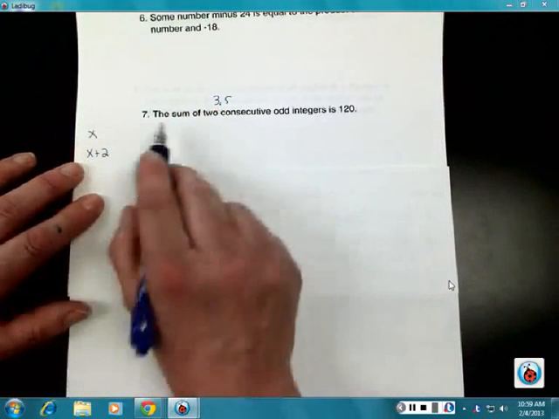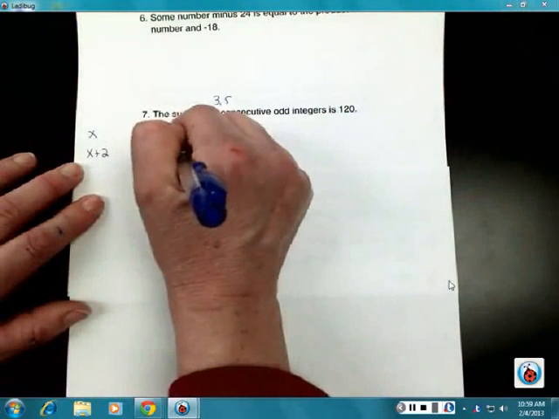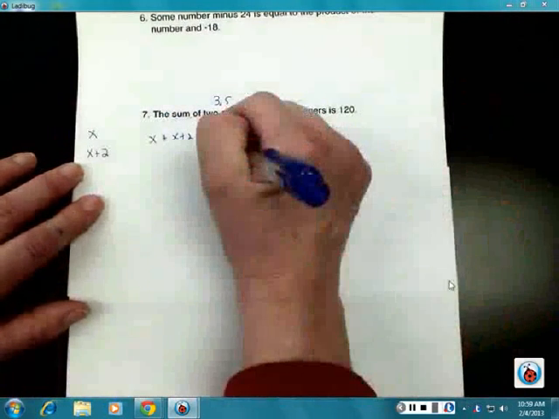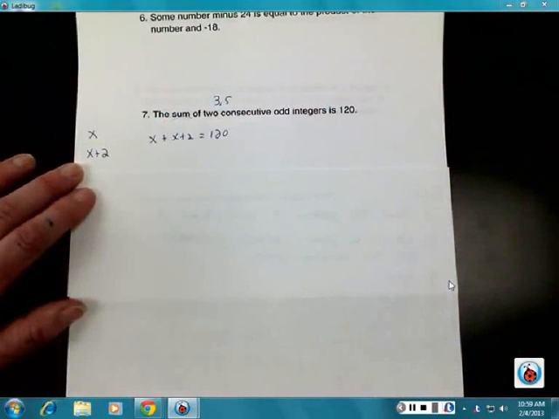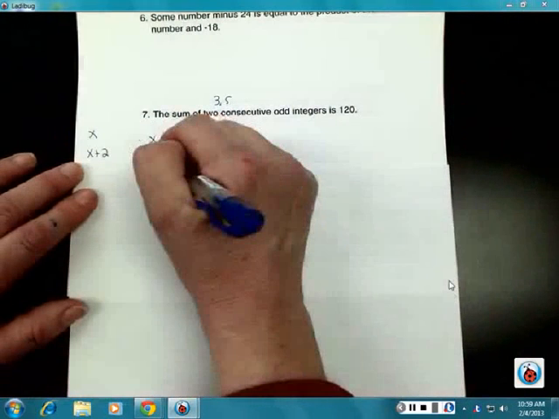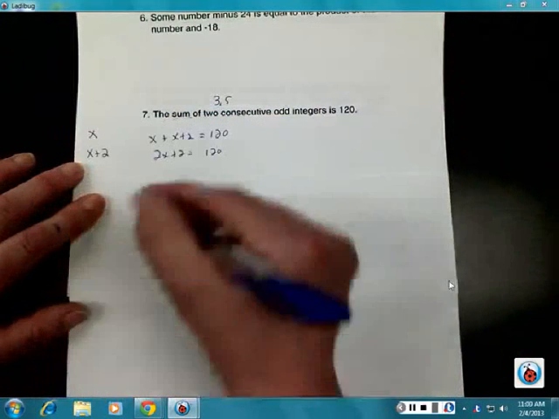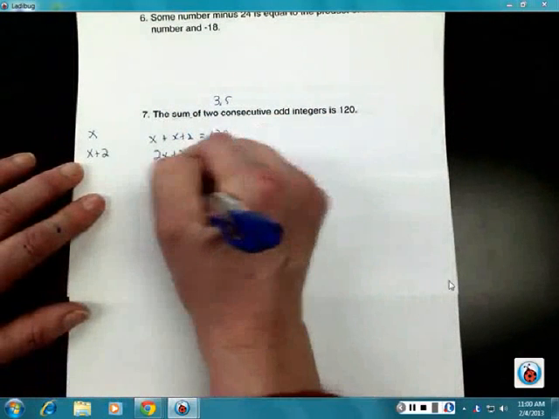So sum, what does sum mean? Add. Sum of is 120, so it equals 120. So x plus x plus 2, which is 2x plus 2, equals 120. Minus 2.